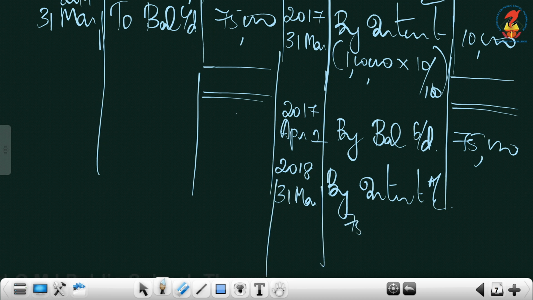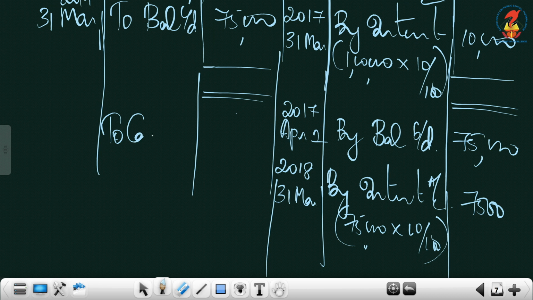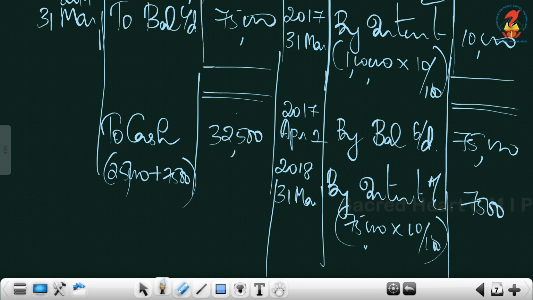So, by interest now we will compute on the 75,000 into 10%. So, it is 7,500, and then you can make the payment. So, the same process we are doing. Now, how much will you pay? In the second year we will pay the installment 25,000 plus the interest 7,500, that is 32,500.